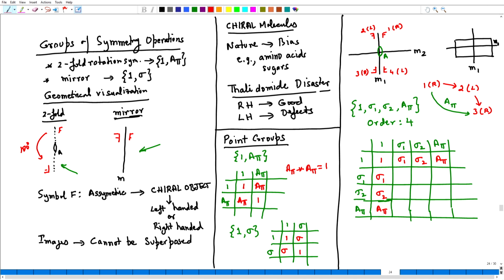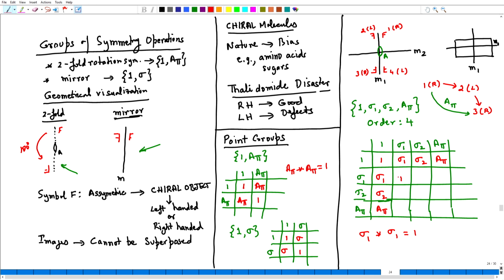Now, let me try to fill the rest of the cells by first locating which combinations are going to produce the identity operation. If I look at a reflection through mirror 1, if I reflect 1 to 2 and then reflect back from 2 to 1, I come back to where I started. That is sigma 1. So, reflection through mirror 1 followed by a second reflection through the same mirror brings me back to where we started, and therefore, this has to be 1.